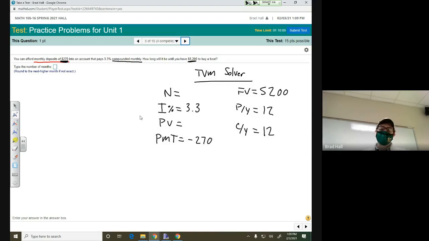But instead it's saying you're putting into an account and hoping for that account to become 5,200, and then you'll go and buy some boat. Which immediately means you're starting off with $0. This is some account you're paying into, which means you're solving for n.